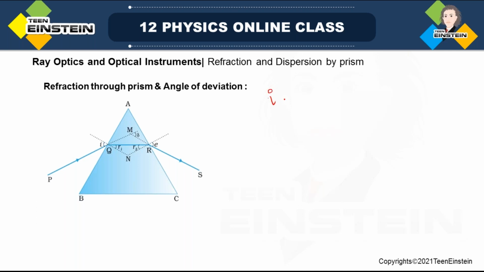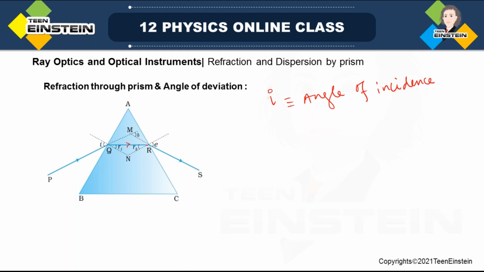The angle of incidence is I here. Then it is getting refracted. Inside the prism there is no dispersion, so it will be parallel to the base BC, and it is directly going to hit the other surface.